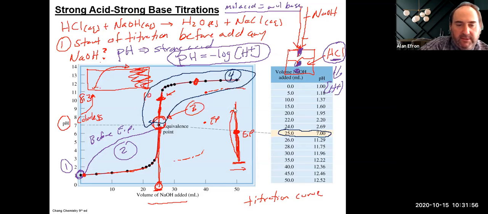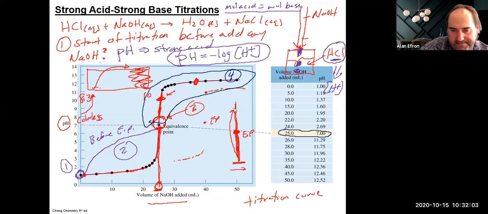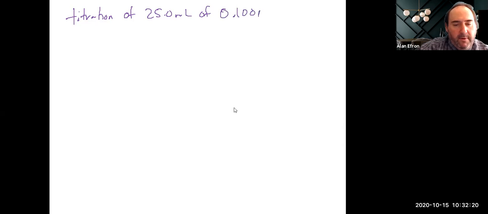So why don't you try one here with some real numbers. Let's say you did a titration of 25 milliliters of 0.1 molar HCl with 0.1 molar sodium hydroxide.